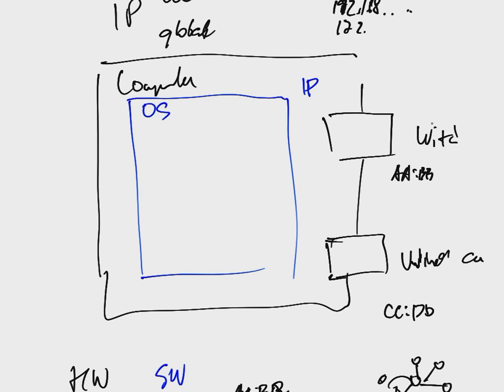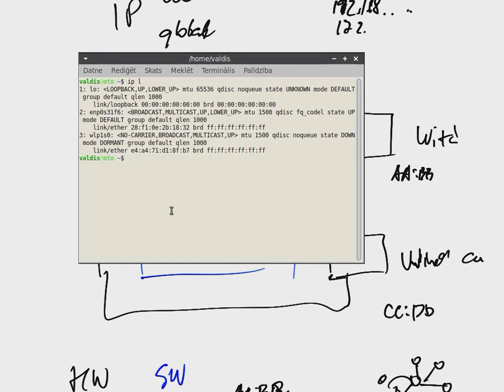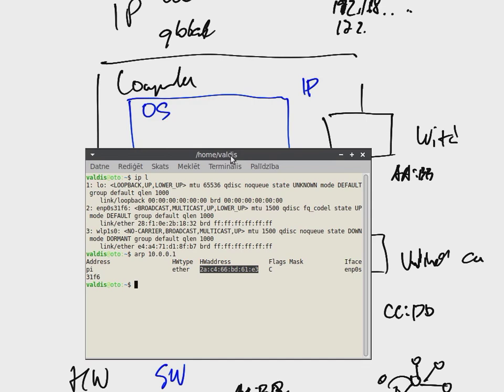Protocol address, and there is a protocol called Address Resolution Protocol, or ARP, where you can ask some server, and it says that the MAC address for this IP address is the following.